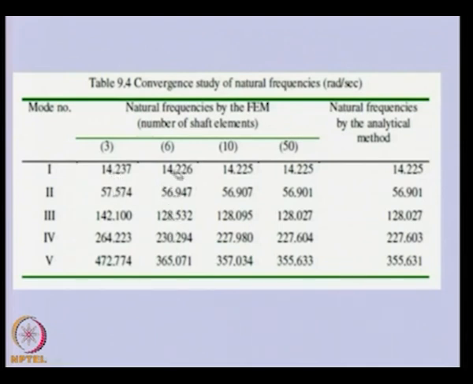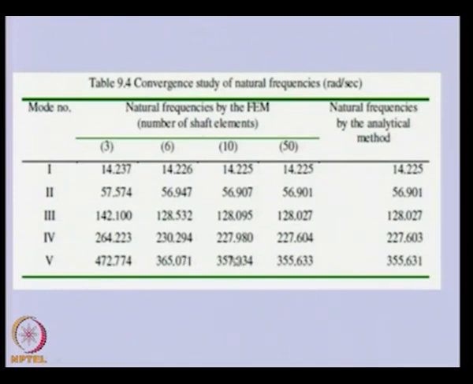If we want to find out whether 6 elements are enough or we need more elements, let us take 10 elements. If we take 10 elements, we will see that the third is also now reasonably okay, not much change. The fourth also has not much change, but for the fifth there is a change.